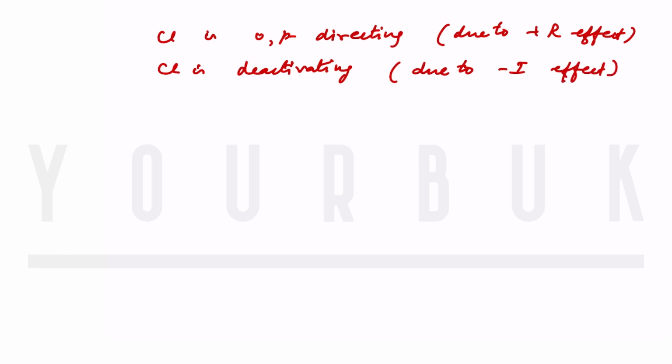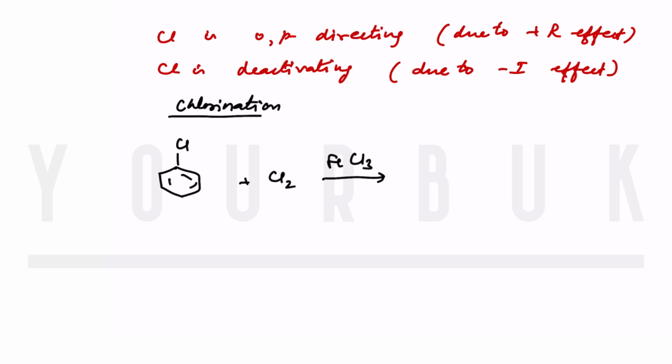Now these are some examples of electrophilic substitution. And the first one is this. This is called halogenation of chlorobenzene. Now we will not disturb this chlorine. We are adding the second chlorine now, again in the presence of FeCl3 as a catalyst. This is called chlorination of chlorobenzene.